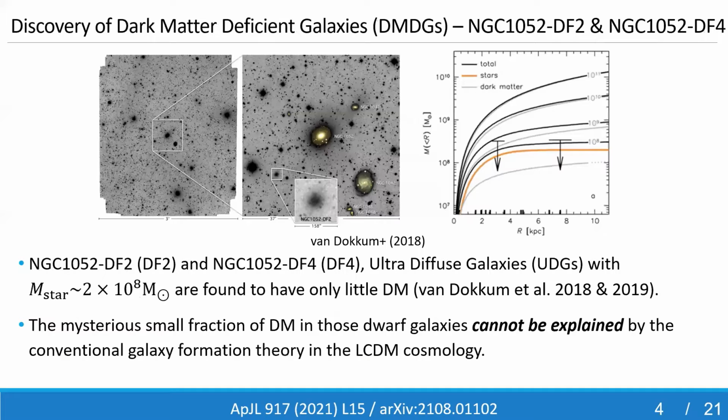However, van Dokkum et al. in 2018 and 2019 found that NGC 1052-DF2 and NGC 1052-DF4, ultra diffuse galaxies with stellar mass of 2 times 10 to the 8 solar mass located nearby the giant elliptical galaxy NGC 1052, have only little dark matter.